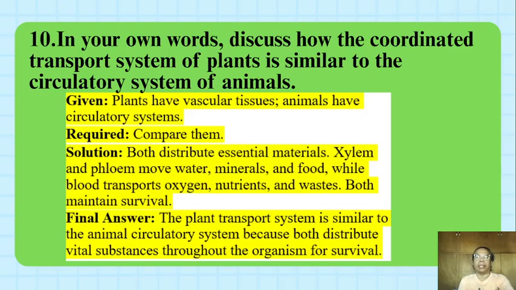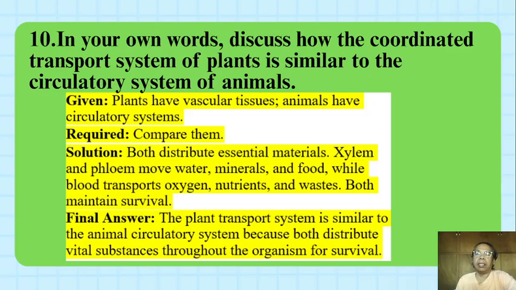So required, compare them. Solution. Both distribute essential materials. Xylem and phloem move water, minerals, and food, while blood transports oxygen, nutrients, and waste.